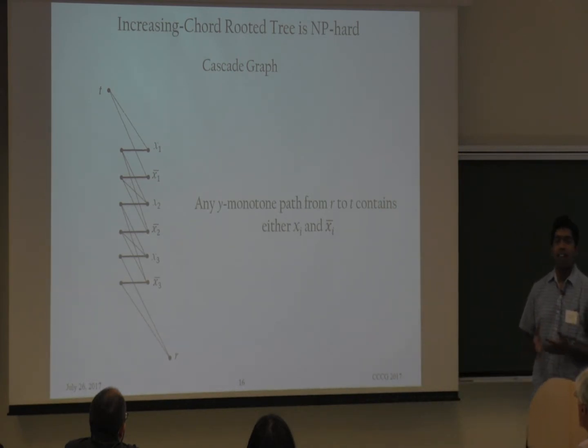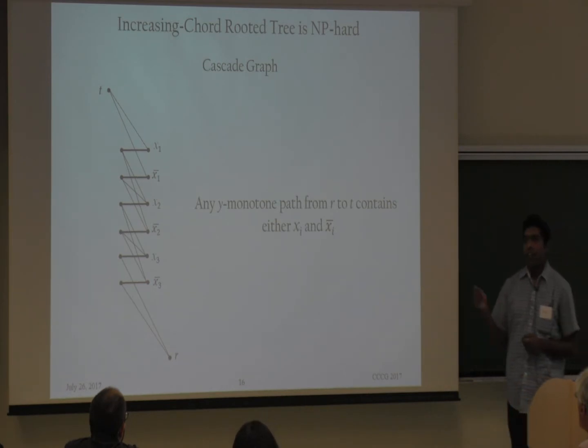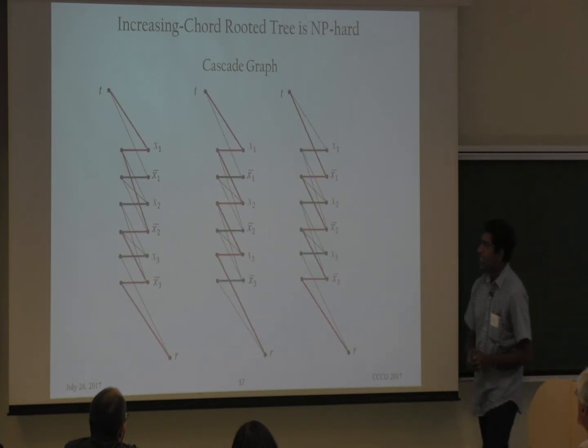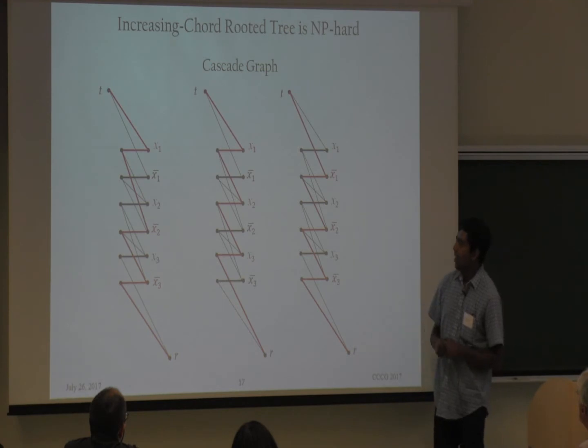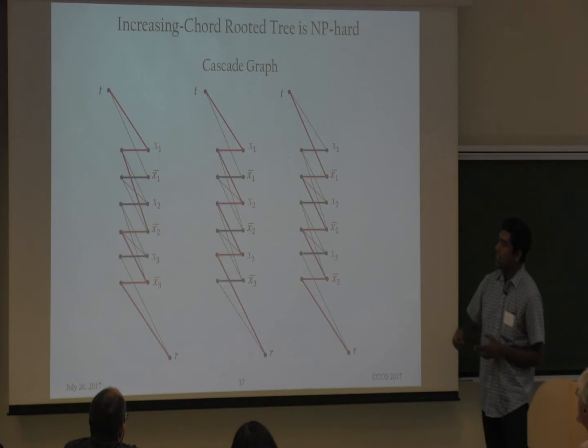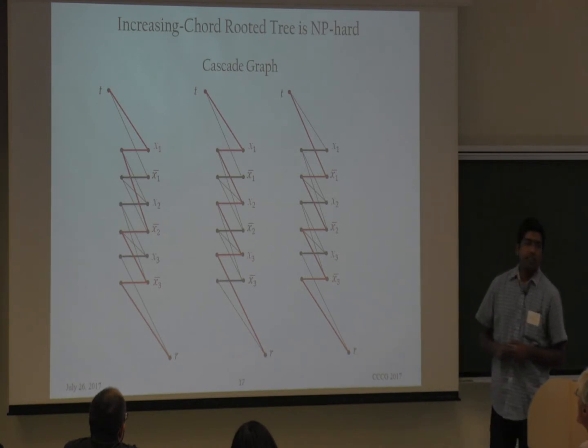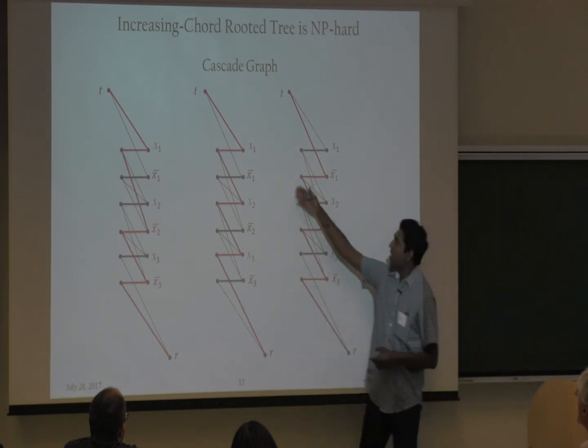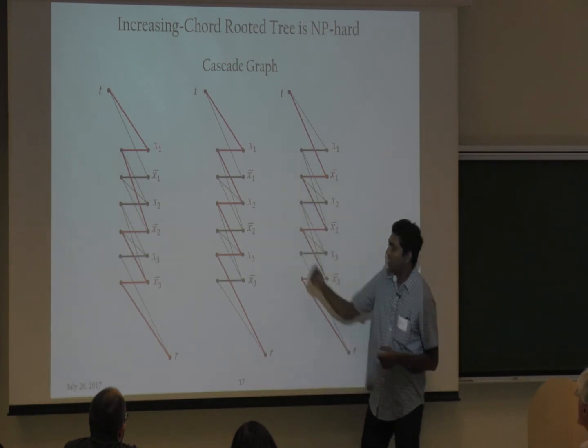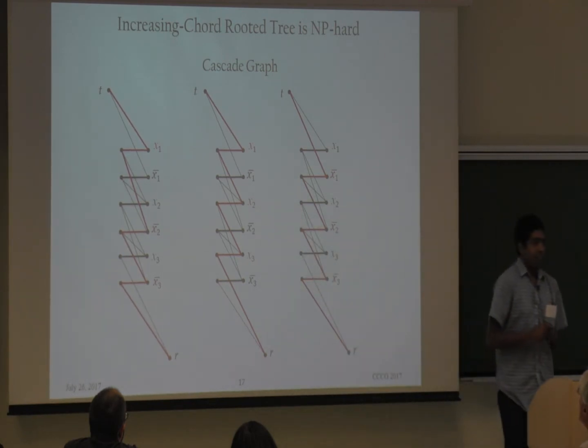Now, the property of the graph I want to satisfy is that any y-monotone path from the bottom vertex to the top vertex must pass through xi or xi bar. For example, here are 3 monotone paths from R to T. The first one chooses to go through x1, x2 bar and x3 bar. The second one chooses x1, x2, x3 and so on.